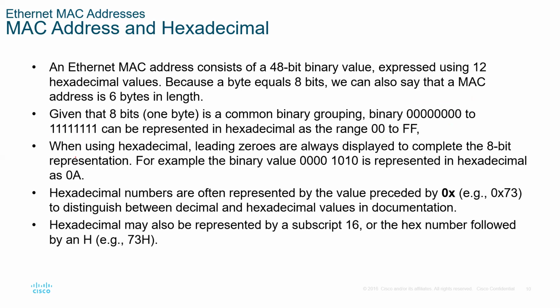When using hexadecimal, leading zeros are always displayed to complete an 8-bit representation. For example, the binary value of this is represented in hexadecimal as 0A, right? With binary, what they are trying to say here is, I can shorten this value to just 1010. It's still the same thing. I can remove these zeros and have this value.